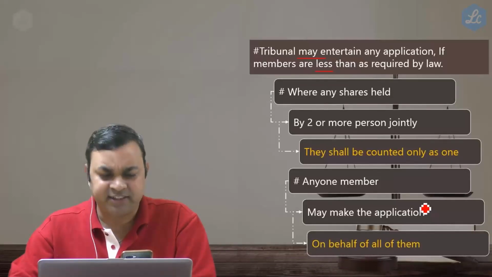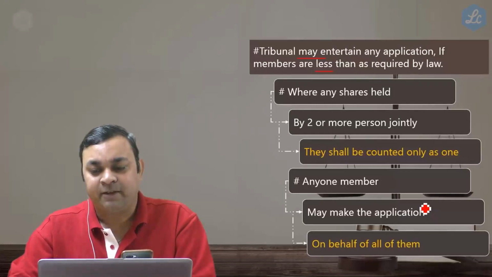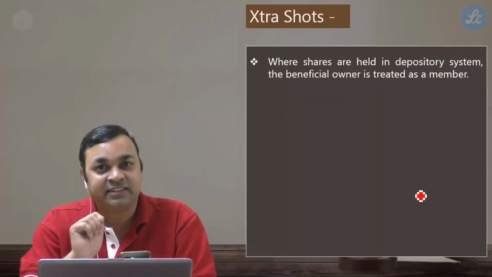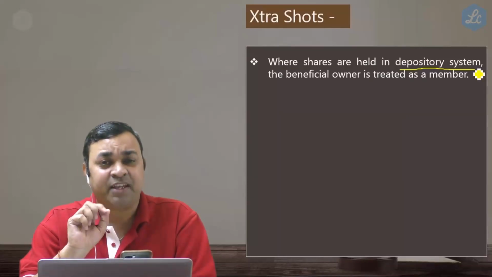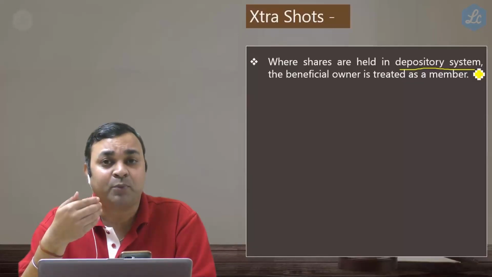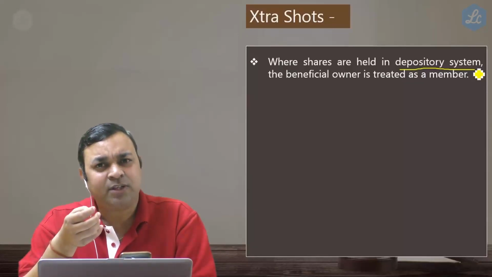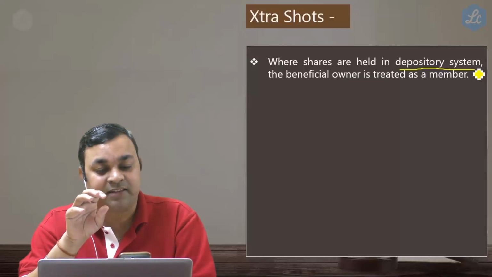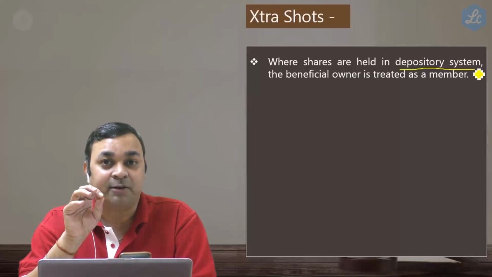Now some other points. First point, where shares are held in demat form. Demat form means depository system. And what is the depository system? In case of a listed company, or companies that are proposed to be listed, they need to compulsorily convert their physical shares into demat form, and this is the most important point.